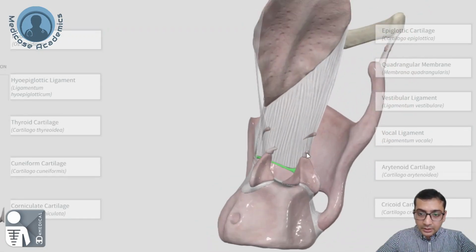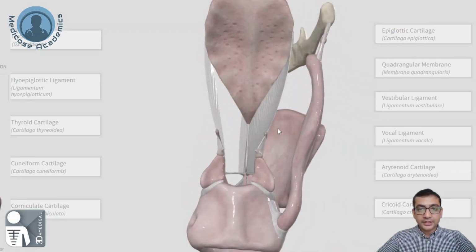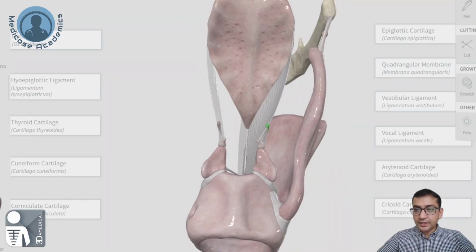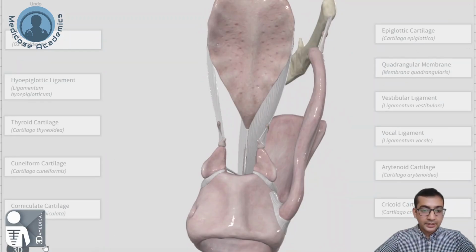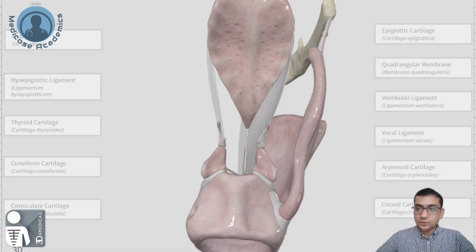It is housing the corniculate and cuneiform cartilages, and it is making a part of the laryngeal inlet that is right here. So this will be the laryngeal inlet. Anteriorly it will be made up of the epiglottis, then the quadrangular membrane, then the arytenoid, and then the part joining between them.